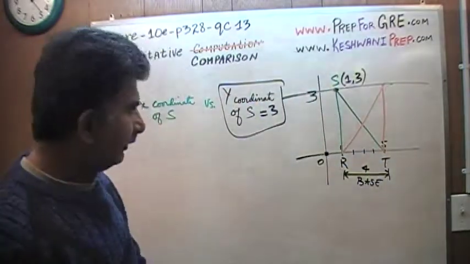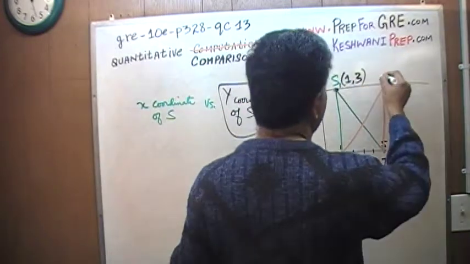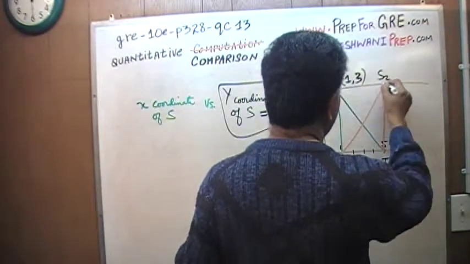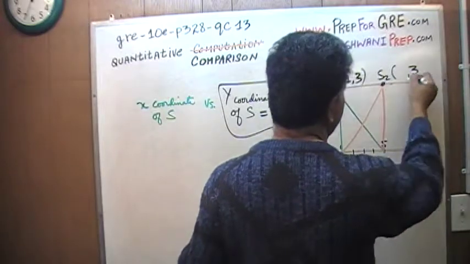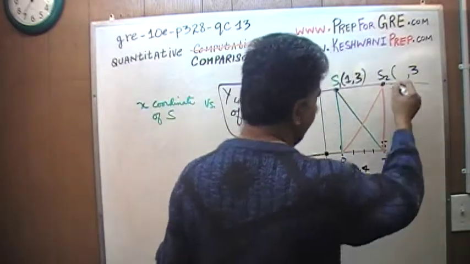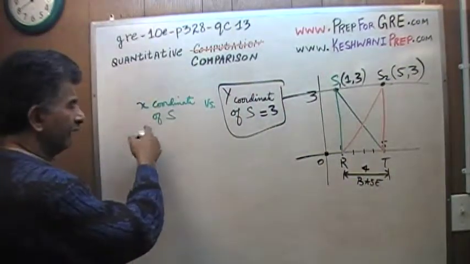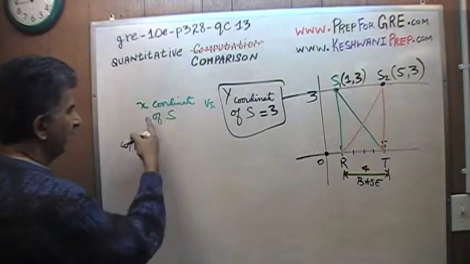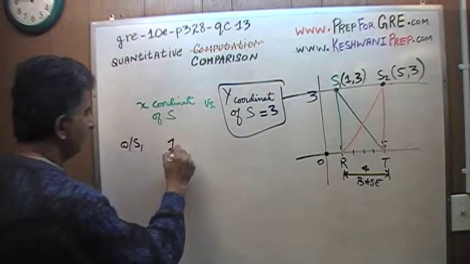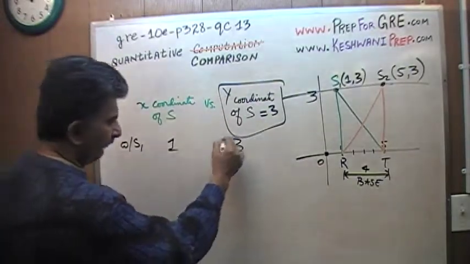In which case, let's call it S1 for the first scenario, and let's call this S2 for the second scenario. In this case, again, the y coordinate is fixed. It's not going to change. But now the x coordinate is 5. Before in scenario 1, with S1, the x coordinate of S was 1, and the y coordinate of S is fixed. It's always fixed as 3.